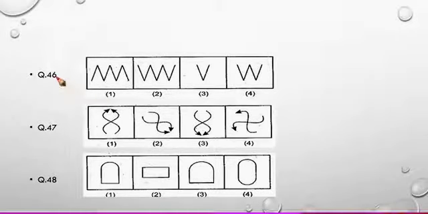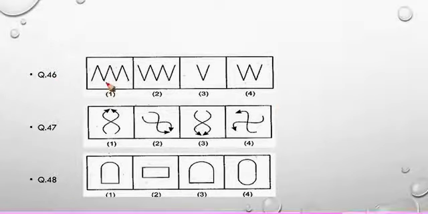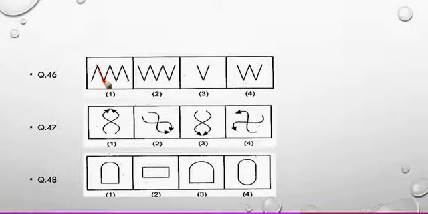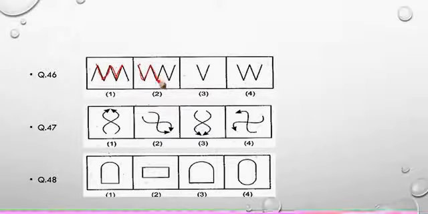Question number 46, there are four options given. In the first option, we can see that in the given design we can make the W alphabet. In case of problem figure 2 also we can make one W alphabet.